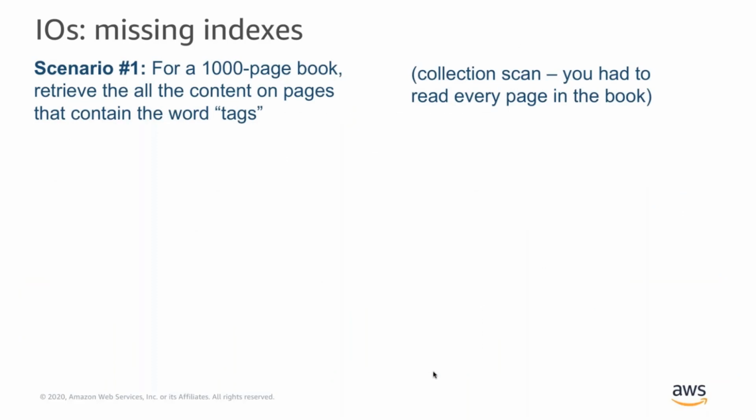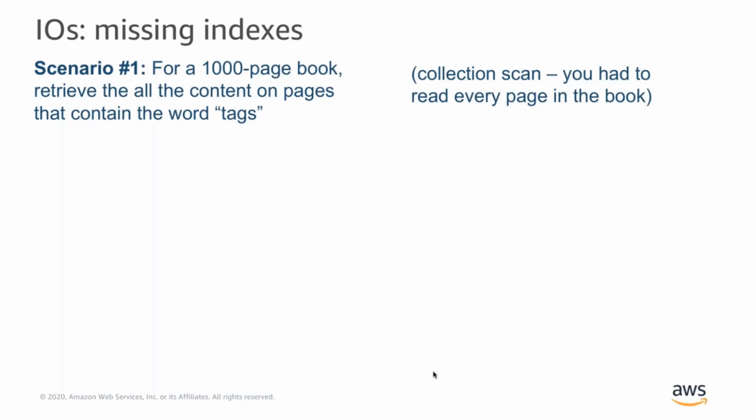Now, for reads, I want you to think about a scenario. I'm going to give you a 1,000-page book, War and Peace or Atlas Shrugged or whatever the case may be, and I'm going to give you the task: read through every single page and bring back the pages that contain the word tags. And you're going to say, whoo, okay, so you start on page 1, you look through page 1, then you go to page 2, and you go to page 3.